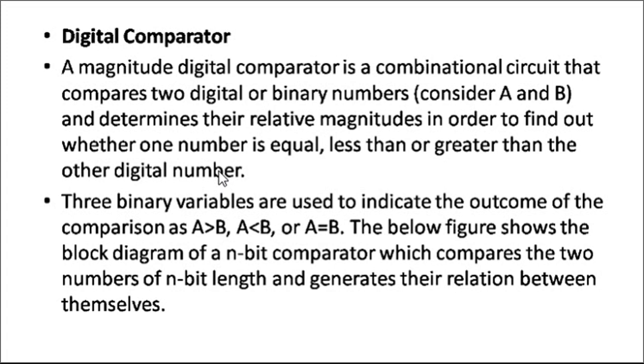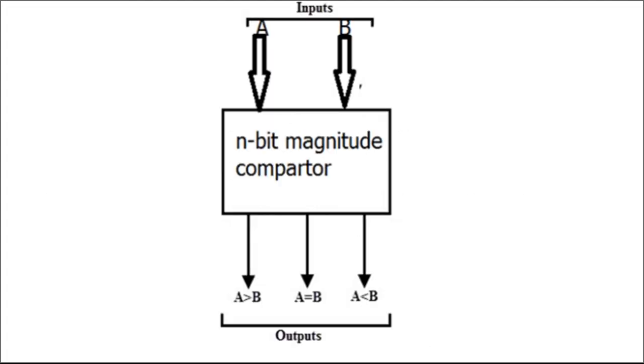Three binary variables are used to indicate the outcomes of the comparator: A greater than B, A less than B, or A equal to B. The below figure shows the block diagram of an n-bit comparator which compares two numbers of n-bit length and generates their relation between themselves.